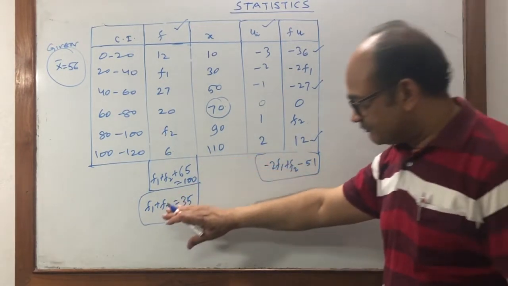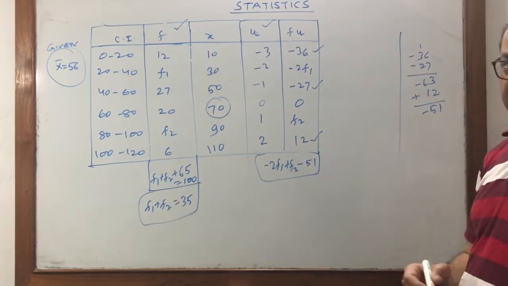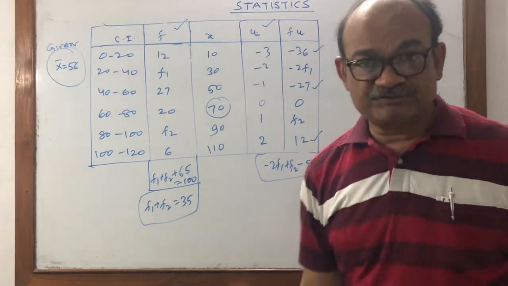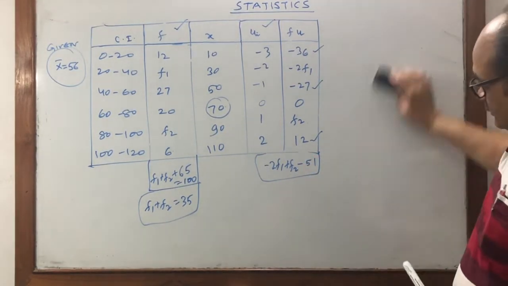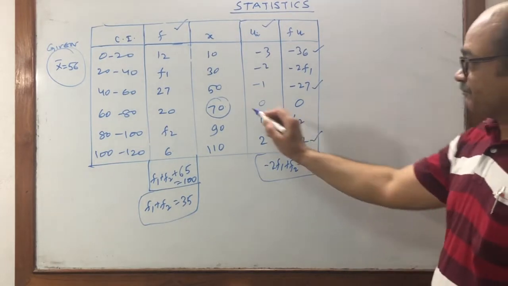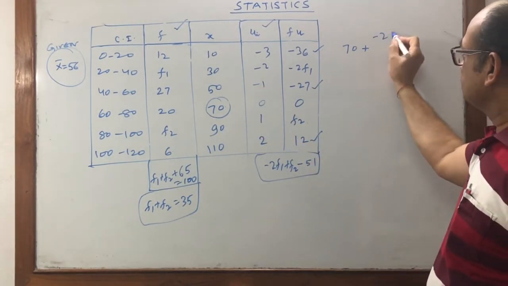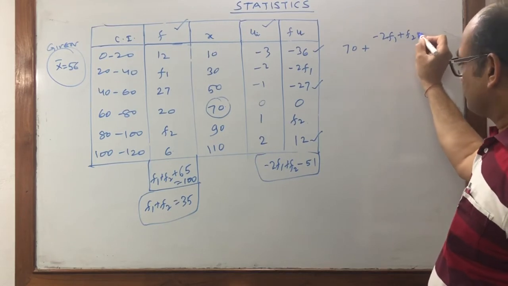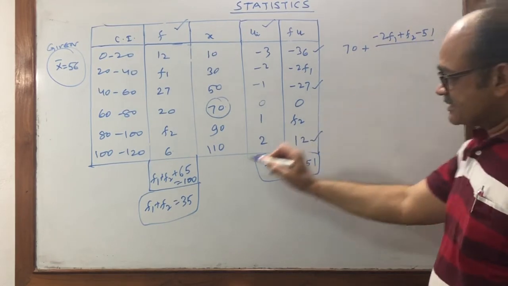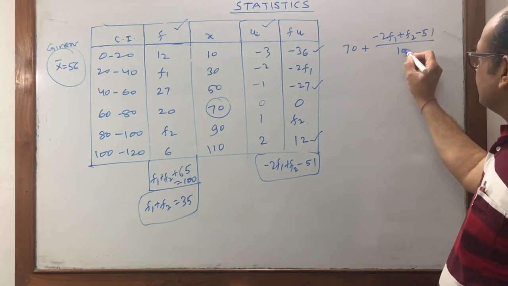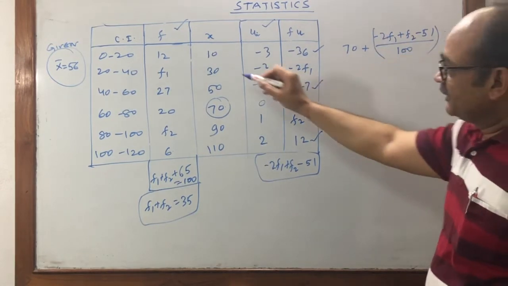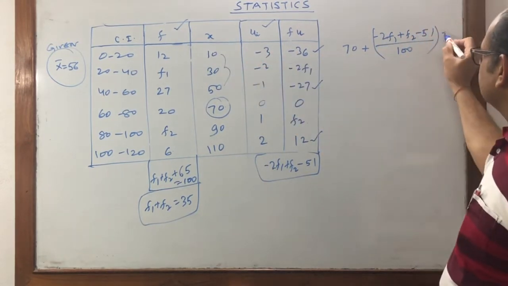Now when F1 plus F2 is 35 and we have this relation, we can apply the formula of step deviation. The formula of step deviation is A plus sigma FiUi divided by sigma F, that is 100, into H. H means gap, 20.